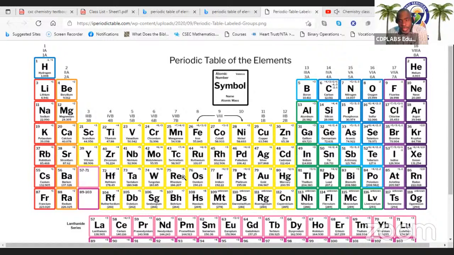Now, which element do plants use to make protein? There's a particular element that plants use to make protein. Do you know what that is? Anybody know?